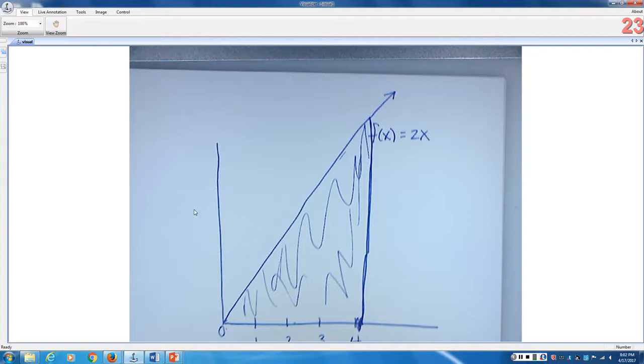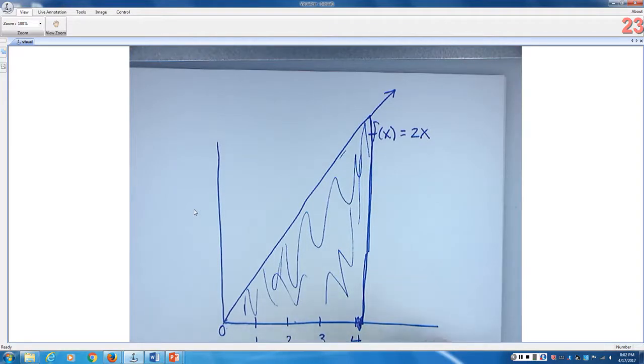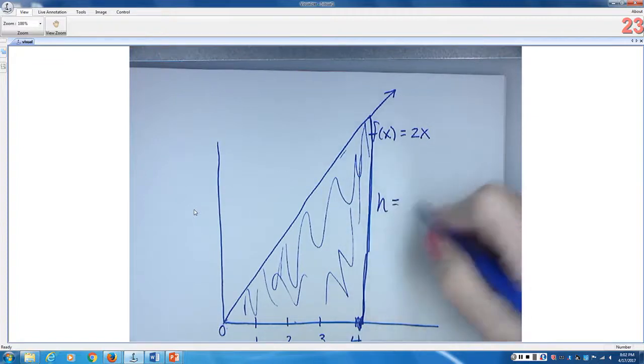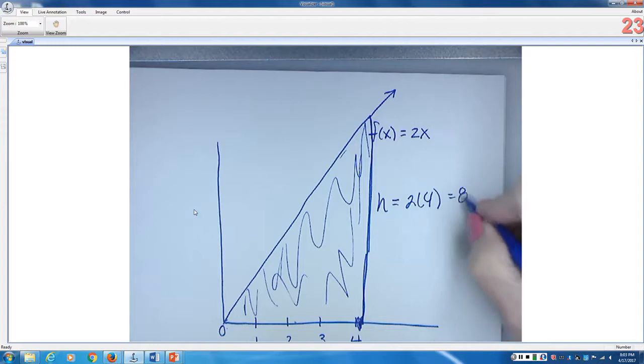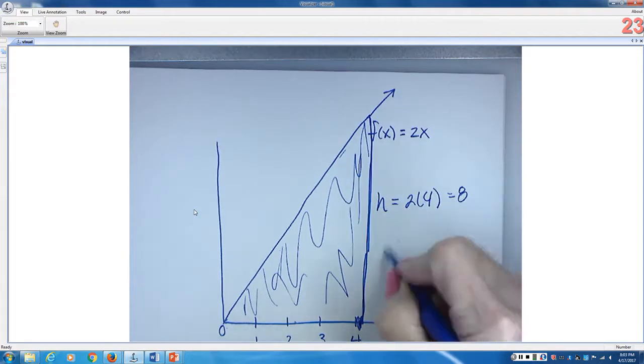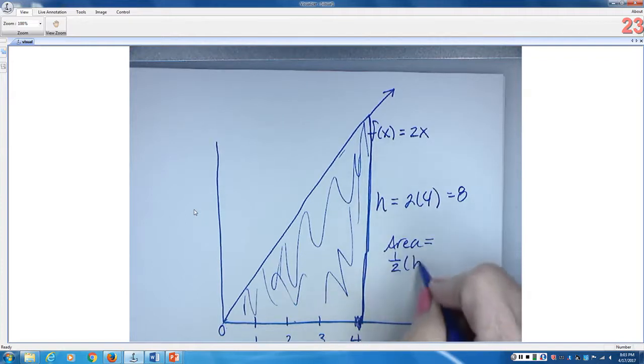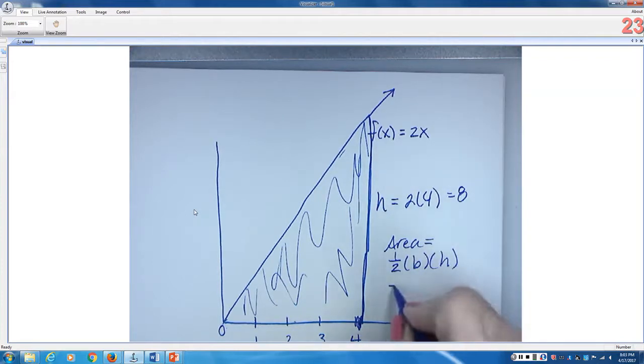Now, in truth, this is a triangle, and its base is 4 units, and its height is 2 times 4, which is 8. And the area, in truth, is 1/2 times the base times the height, which is 1/2 times 4 times 8, and it's 16.